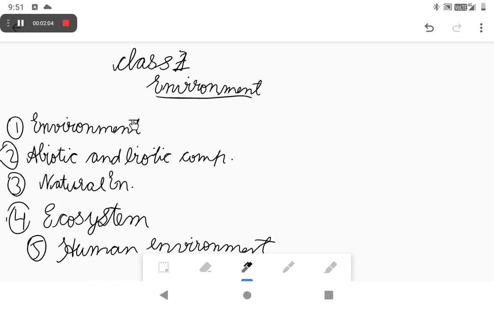First we will be learning and seeing all the definitions of these five keywords. The first keyword is environment. Maybe 90% of you know what is environment.